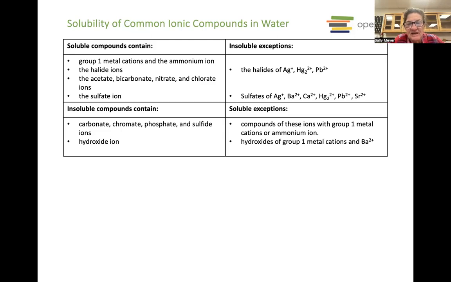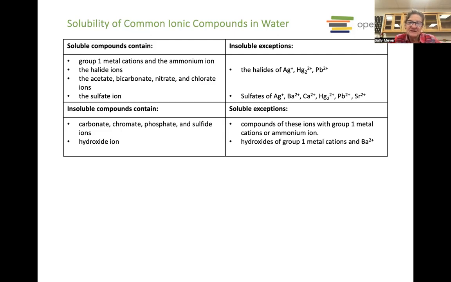Acetate, bicarbonate, nitrate, and chloride ions are soluble, and there are no exceptions on the right-hand side. The sulfate ion tends to be soluble, except if it sees silver plus, barium 2 plus, calcium 2 plus, mercury 2 plus, lead 2 plus, or strontium 2 plus. So if you have any of those ions in solution, it will precipitate with sulfate.